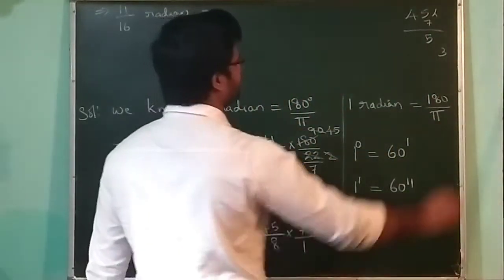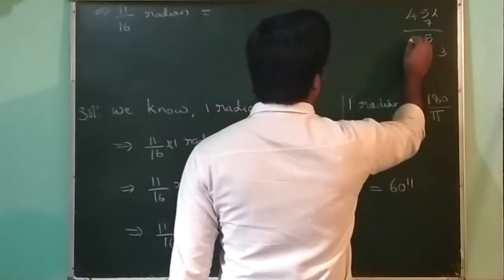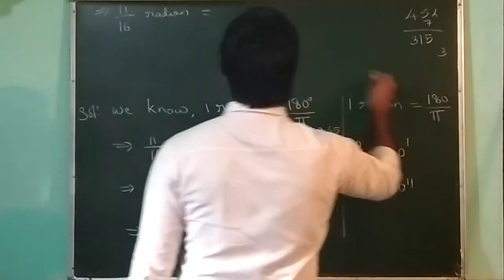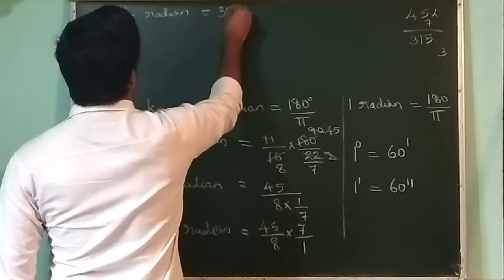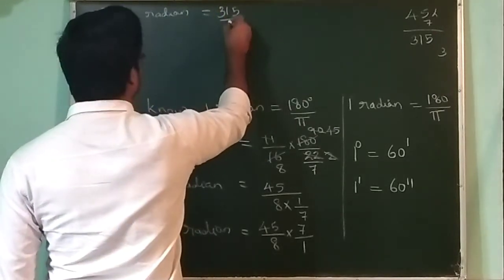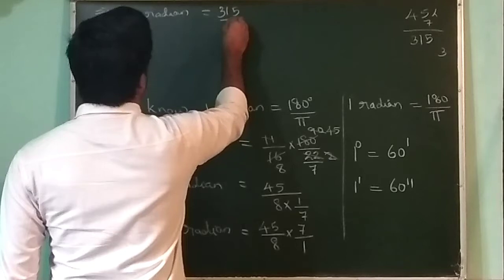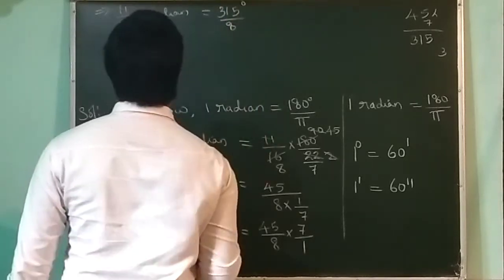Remainder 3. 7 into 4, 28 plus 3, 31. You will get 315 by 8 into 1, 8 degree.